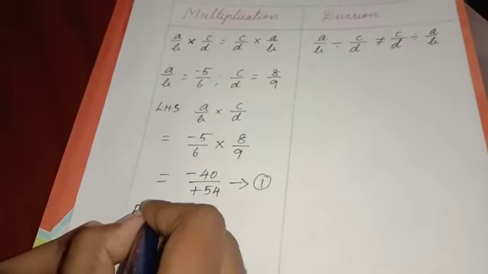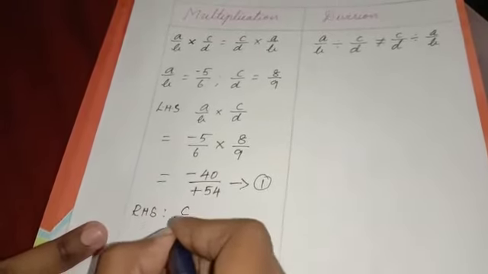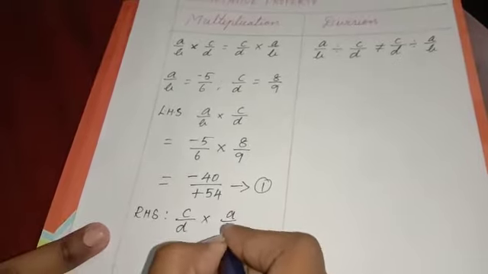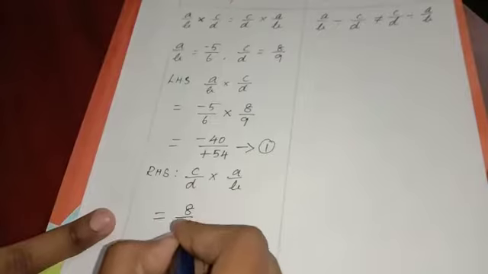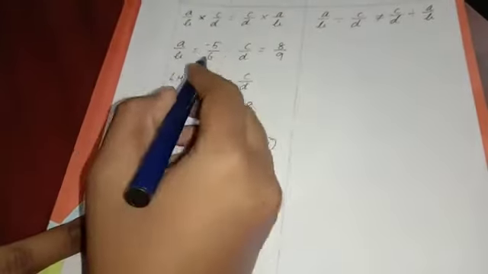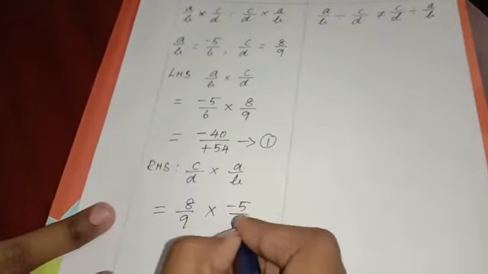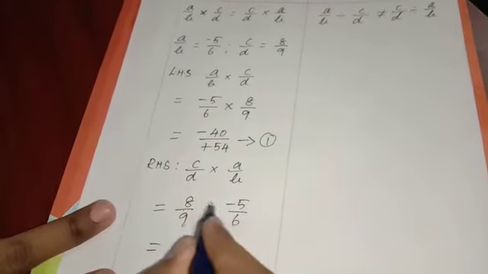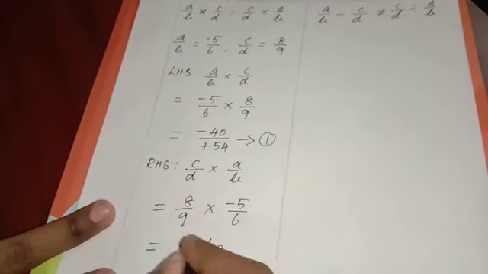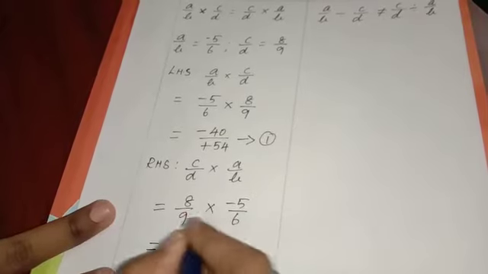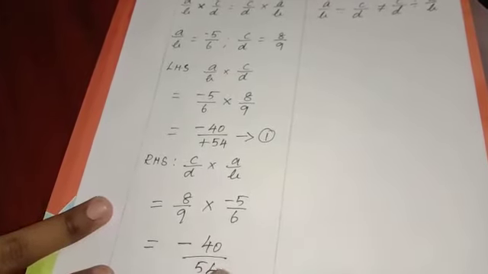Next, actually the RHS form is c by d into a by b. Instead of c by d you have to take 8 by 9, instead of a by b, minus 5 by 6. Here plus into minus, minus. 8 5s are 40. Denominator, 9 6s are 54.